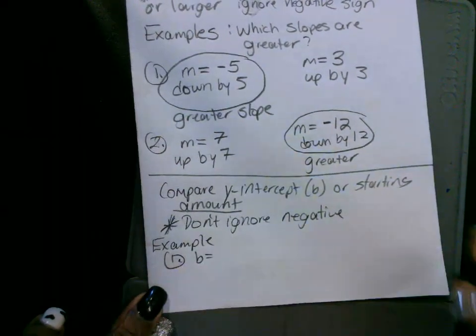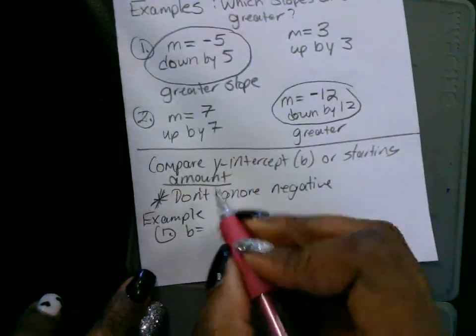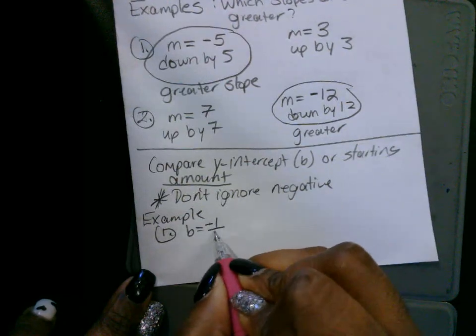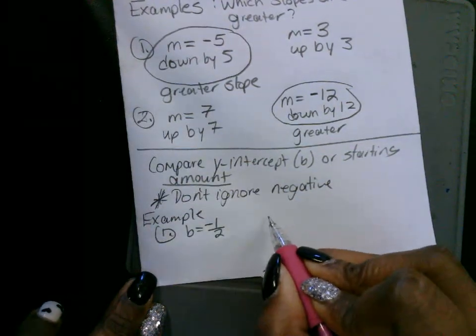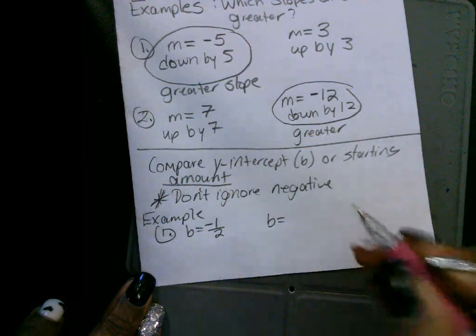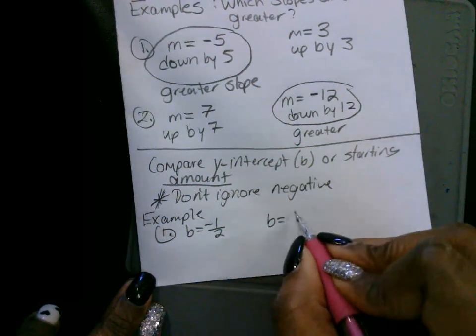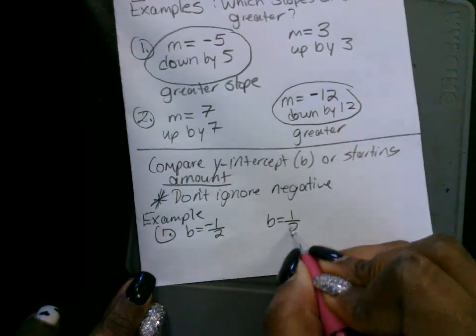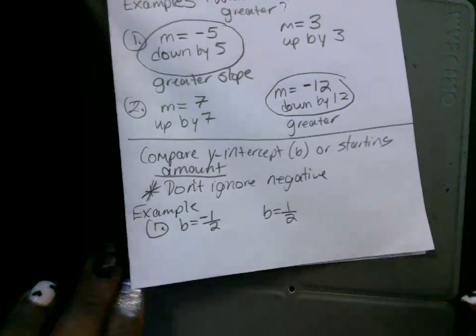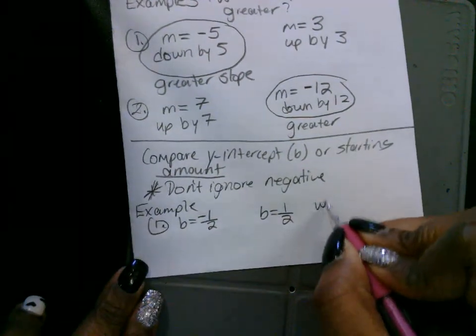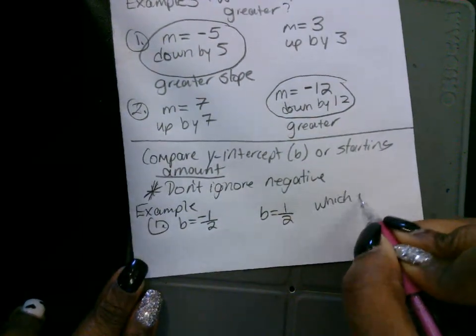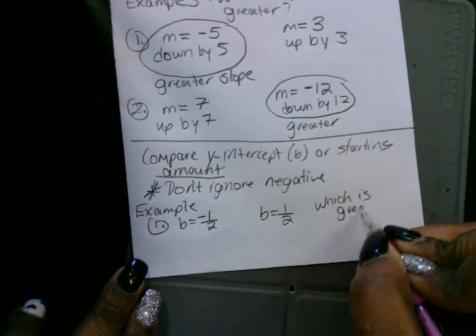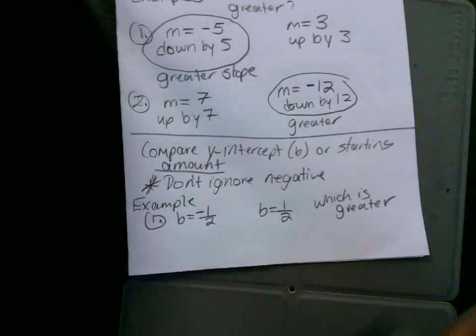If B is equal to a negative 1/2 and the other B is equal to a positive 1/2, which one is greater? Circle the one you think is greater.